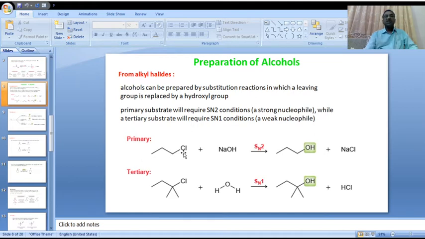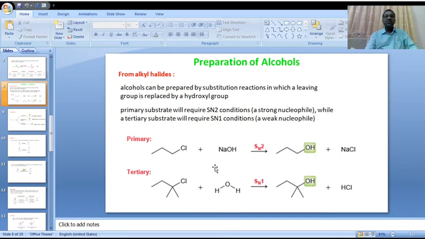This is the alkyl halide on reaction with the strong nucleophile, strong base, sodium hydroxide. In this sodium hydroxide, the OH minus nucleophile replaces the Cl minus.